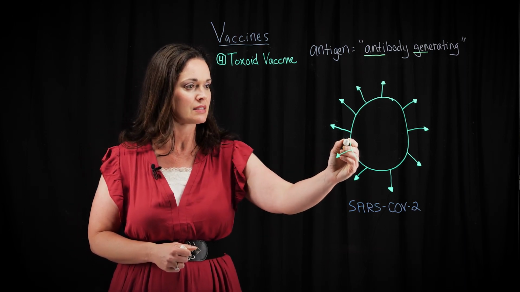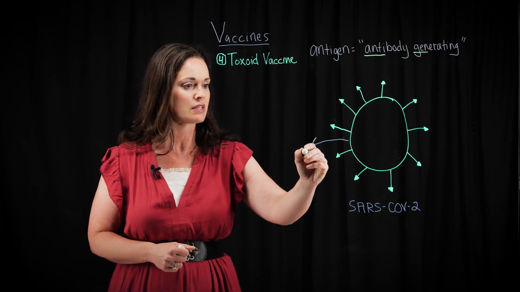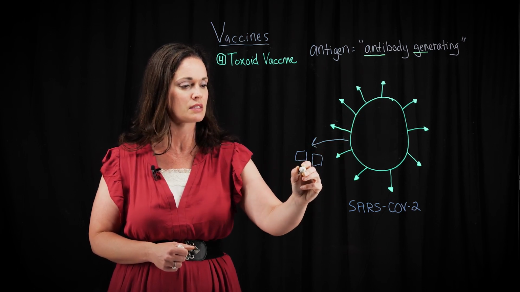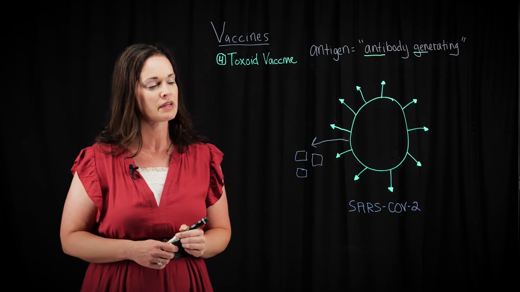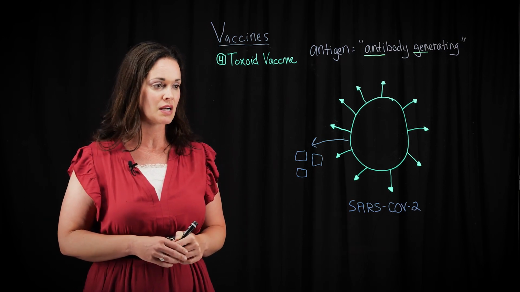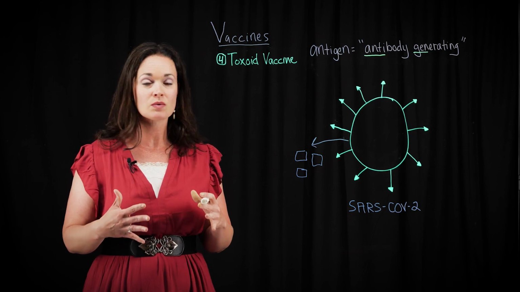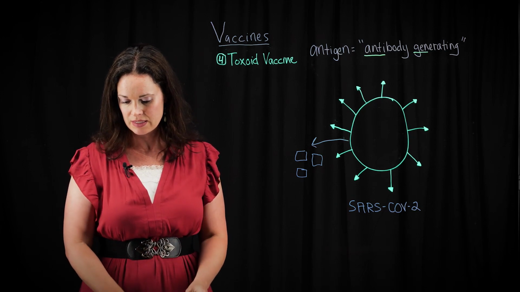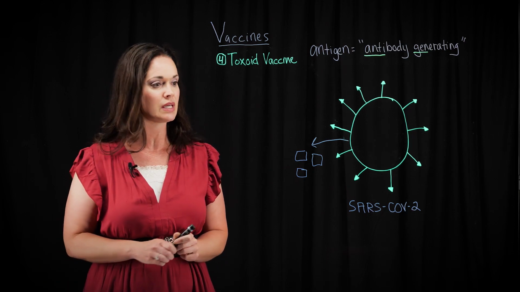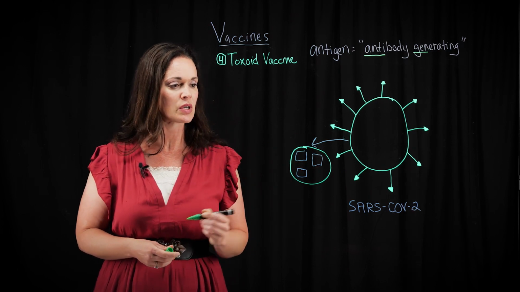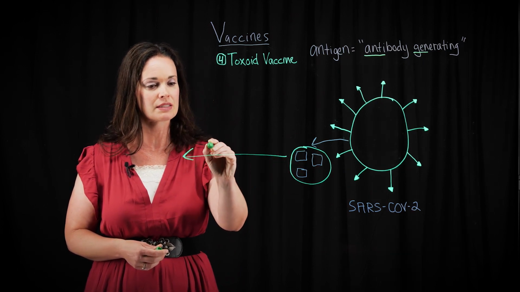So obviously, again, SARS doesn't do this because it's a virus, but if you could imagine that this isn't SARS, it's actually a bacterium. Some bacteria produce, again, these substances that are toxic, and that's what a toxoid vaccine is actually going after. So in this case, what we do is we put just this portion into the vaccine.